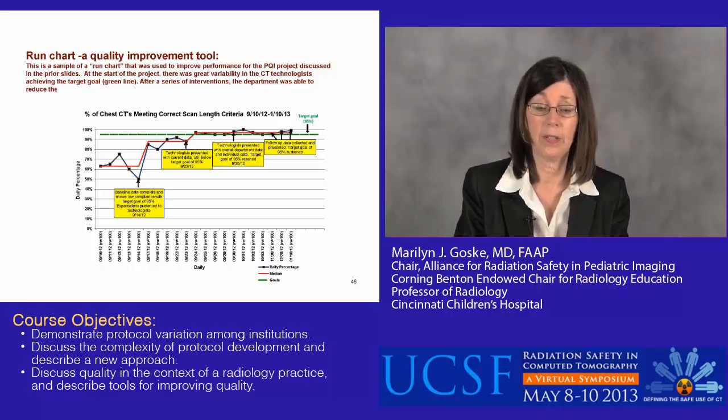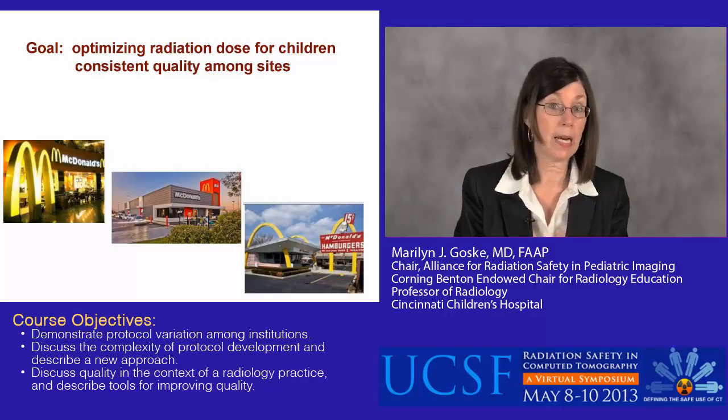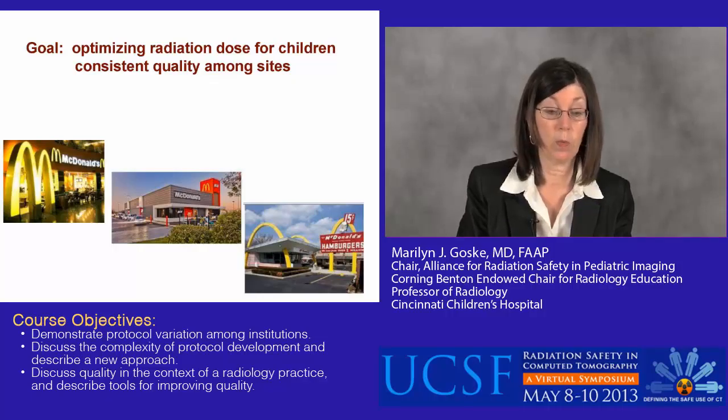So on this next slide, you can see that what we're trying to get, just like that idea that you can go to McDonald's anywhere in the country and anywhere in the world, that Big Mac is going to be standardized, that is the type of thing that we want to work towards in pediatric imaging.